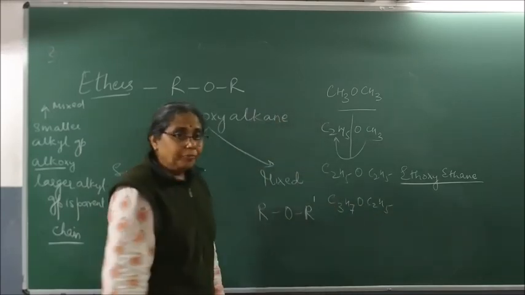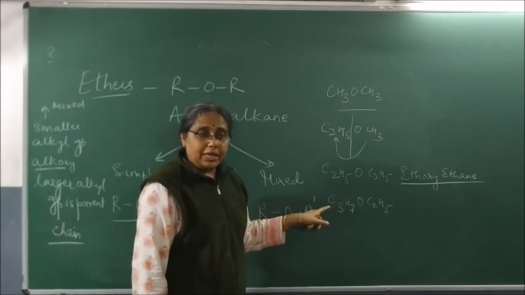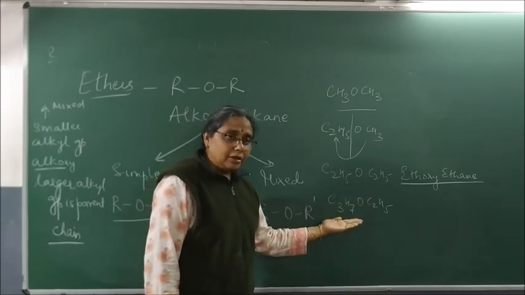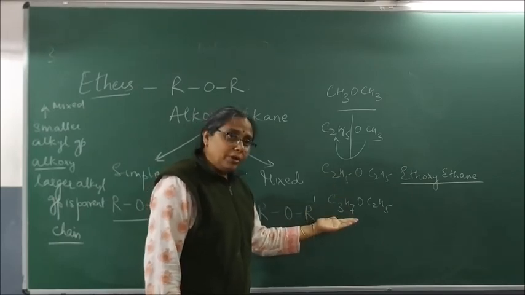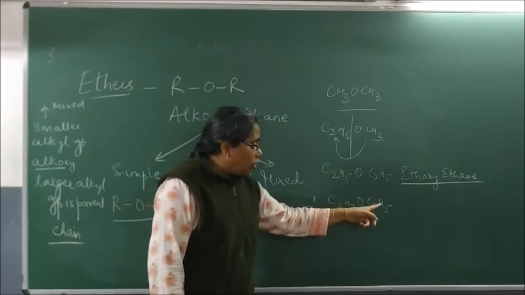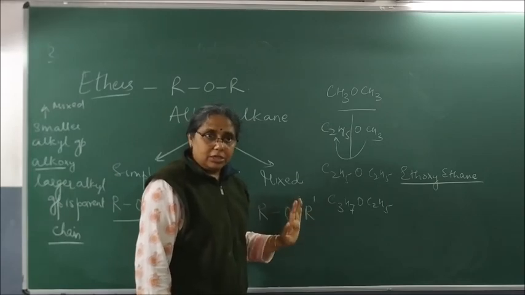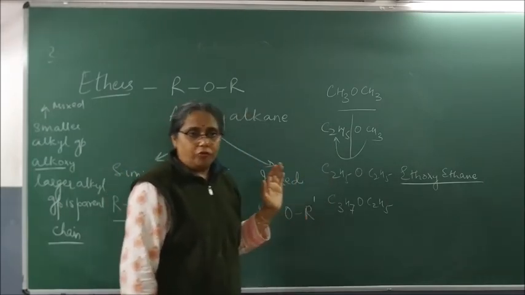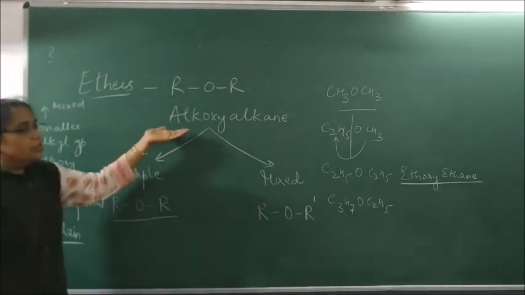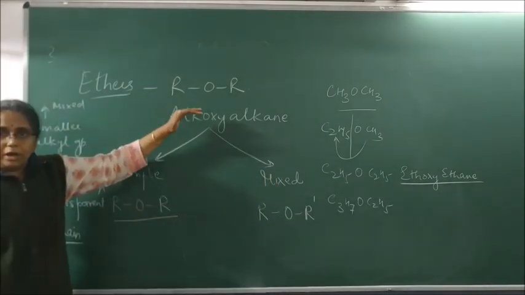Name of the compound? Ethyl propyl ether. It is a mixed ether. This was a simple ether. What will be its IUPAC name? Ethoxypropane. Understood naming of ethers? So naming and classification of ethers is very simple. Ethers are ROR.